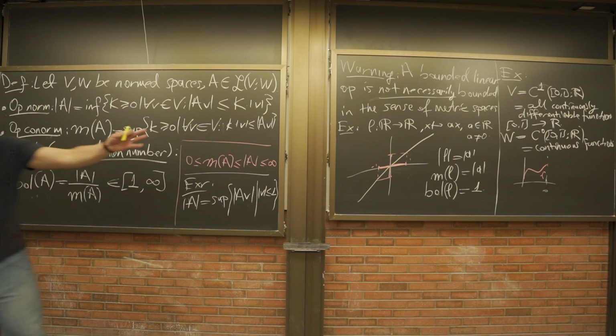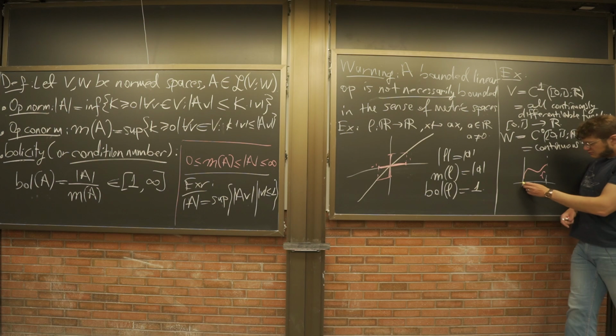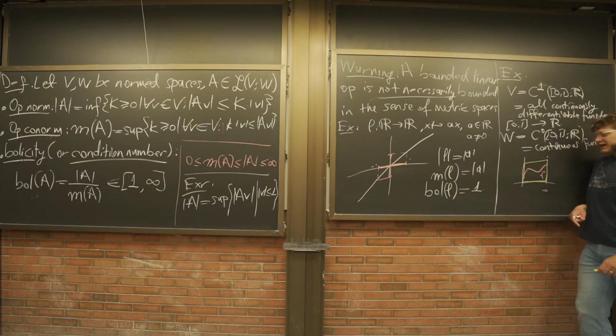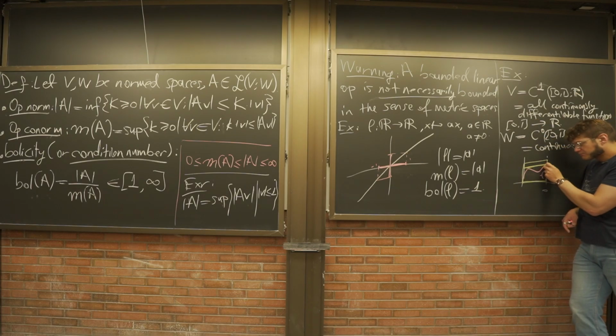You consider this graph, and you look at the height of the rectangle that contains the whole graph. But you want to be optimal, you want to be frugal about this. You don't want to take arbitrarily large rectangles, you want to take the smallest one. Okay? So this height you define as the norm.